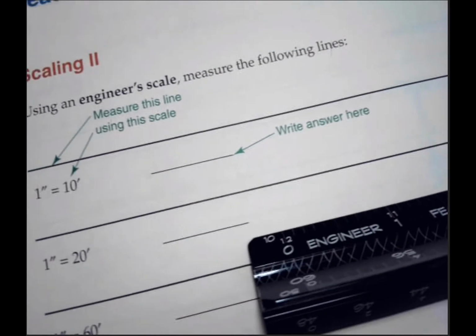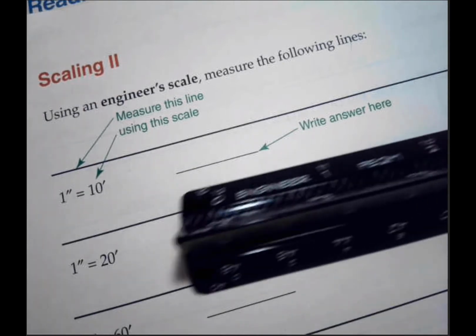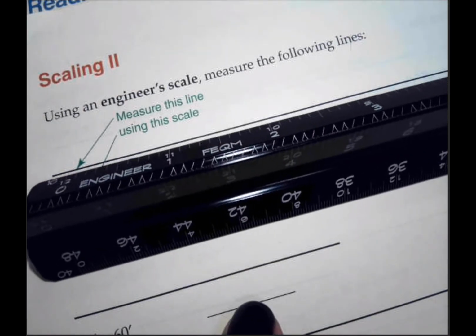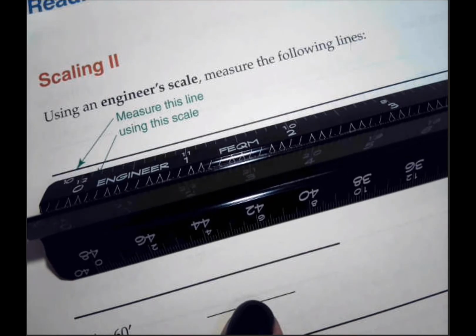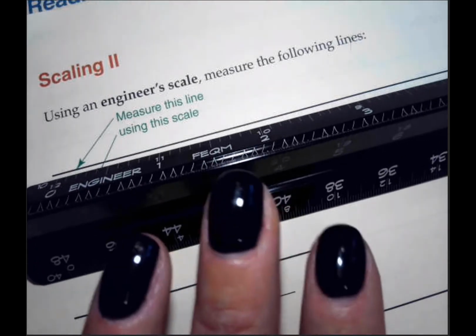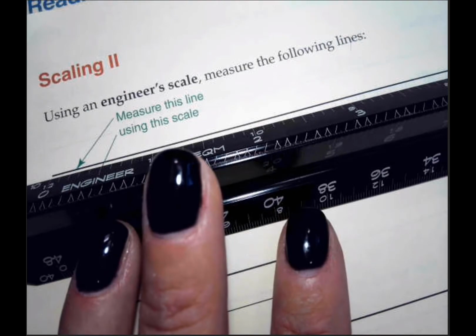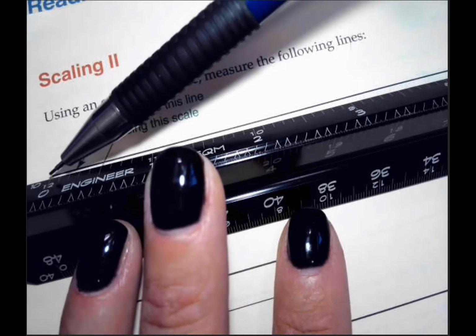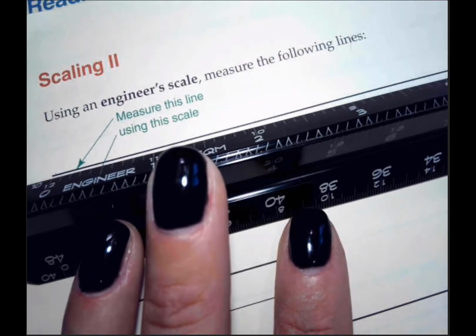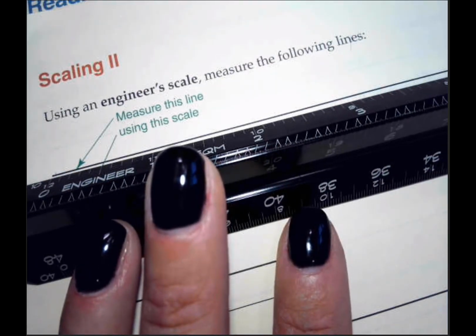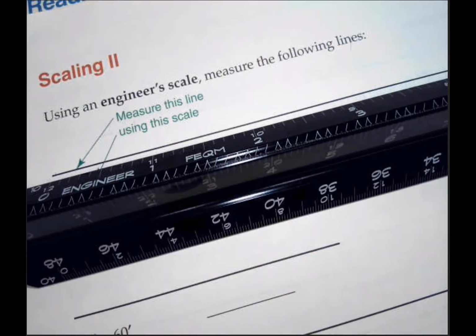So for this line, I wouldn't want to start at the end. I would want to slide it down so the end of my line corresponded with the 0. Once I do that, now I'm ready to measure.